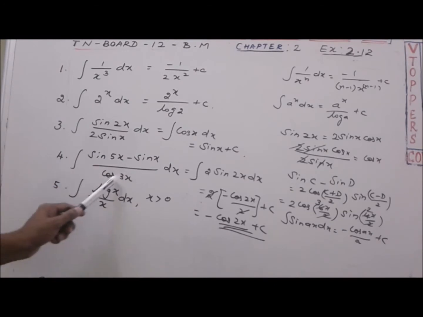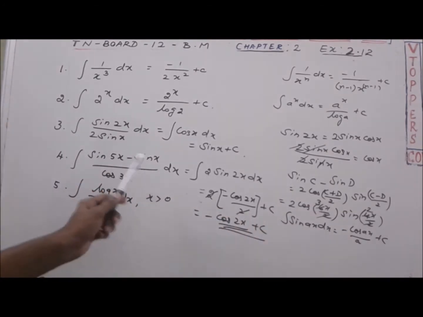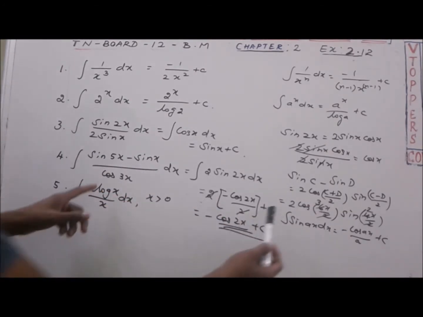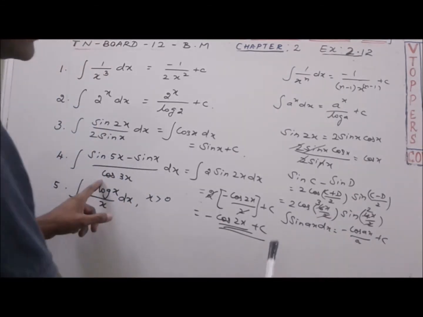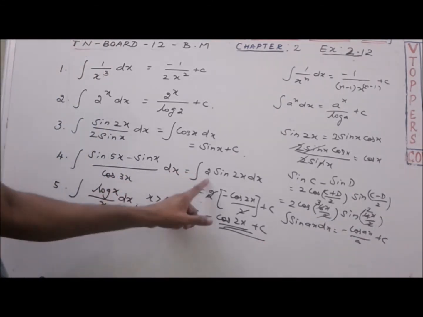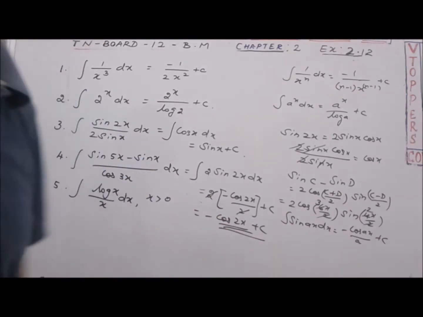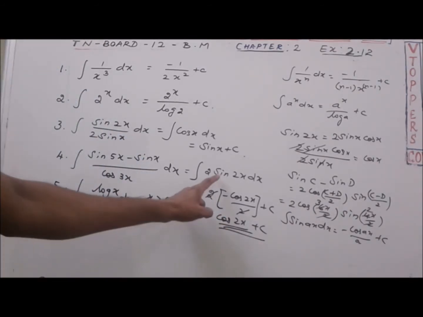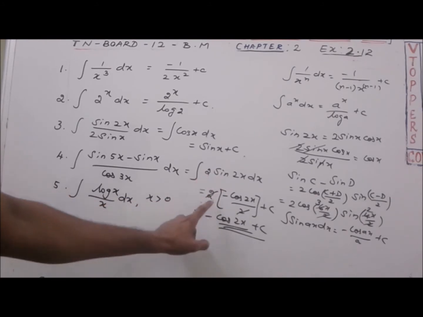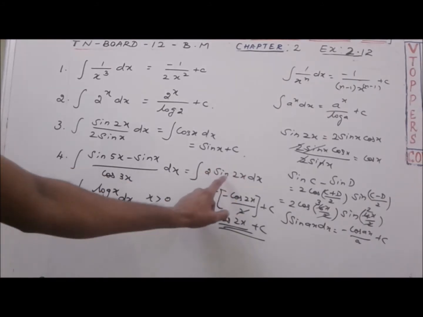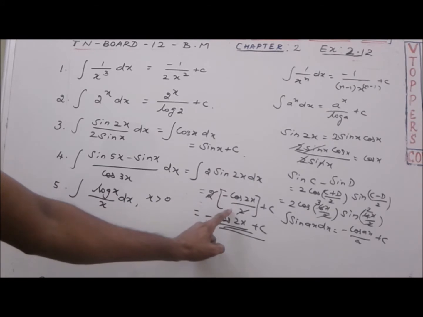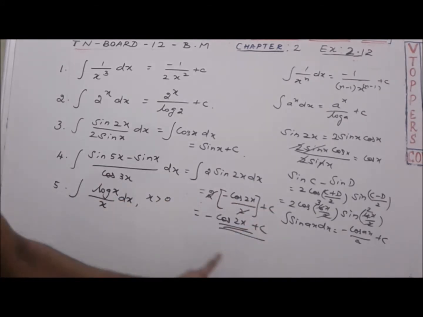The denominator has cos 3x, so cos 3x and cos 3x get cancelled, remaining is 2 sin 2x. For this we have the integral formula: integral sin ax is equal to minus cos ax by a plus c. Substituting here, this 2 is kept, and the integral of sin 2x is minus cos 2x by 2. Cancelling the 2, plus c, we have minus cos 2x plus c.